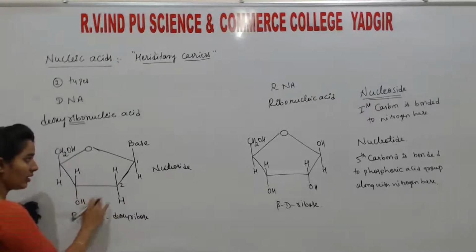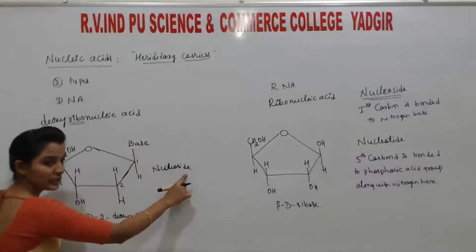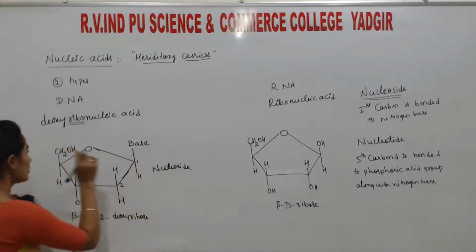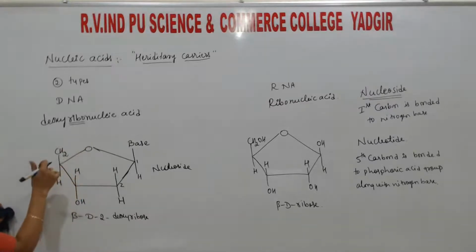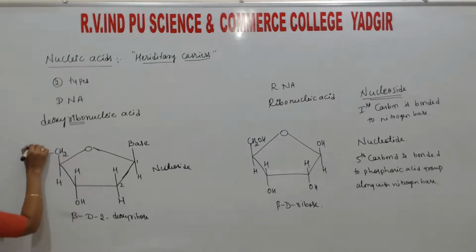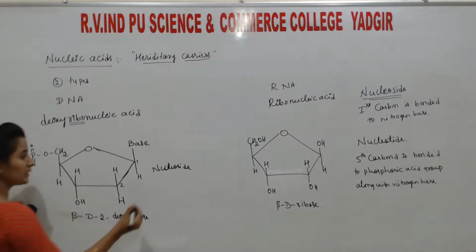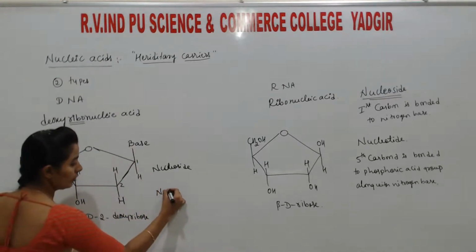This DNA has a base at the C1 carbon atom, so that is a nucleoside. At the same time, this CH2 O and P double bond O, the phosphoric acid is there. Then together this molecule is a nucleotide.